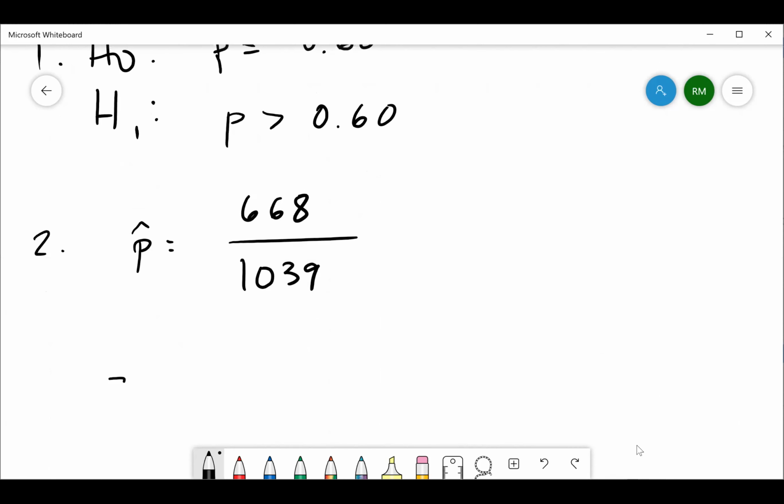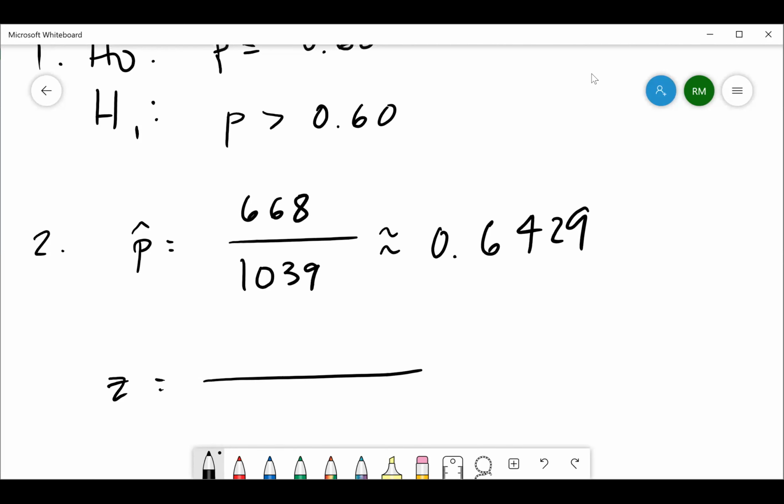And we need to calculate our test statistic. If I calculate p hat, it's roughly equal to 0.6429.